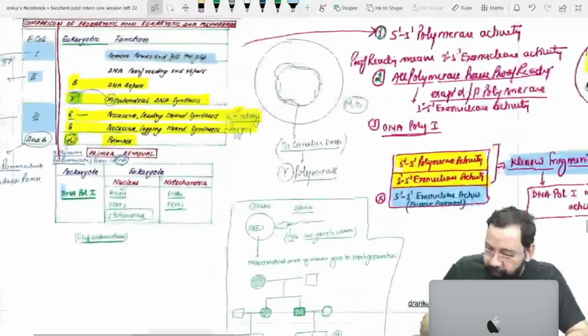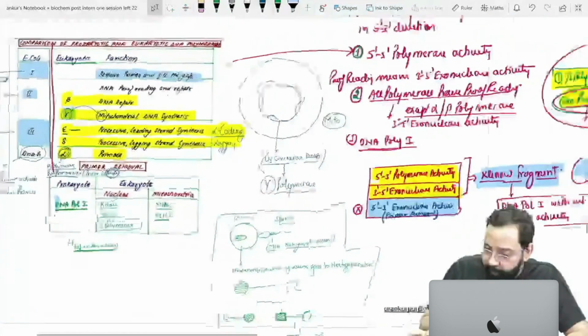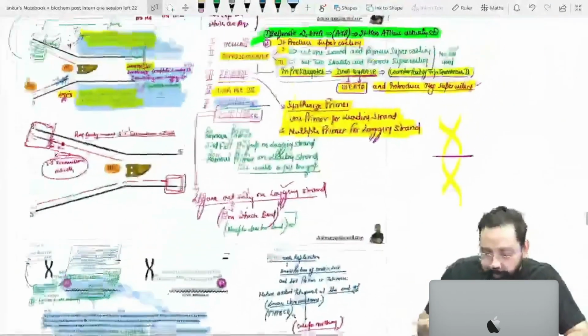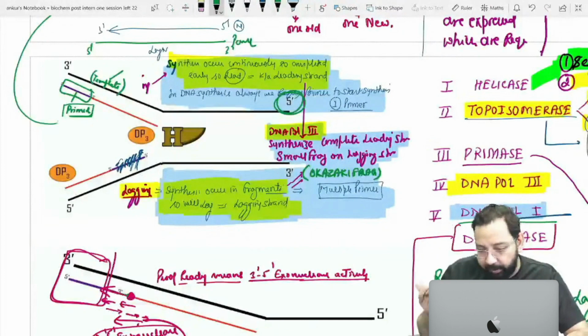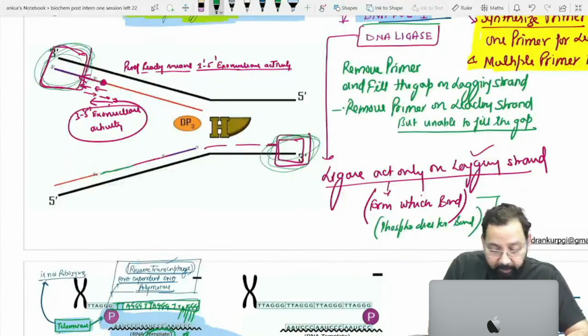Hope you have understood till now. This is very important. Difficult, no doubt, but you can easily remember by mnemonics. Leading and lagging strands, who will synthesize a small fragment. After each replication, a small portion is left unsynthesized and lost: the telomere.